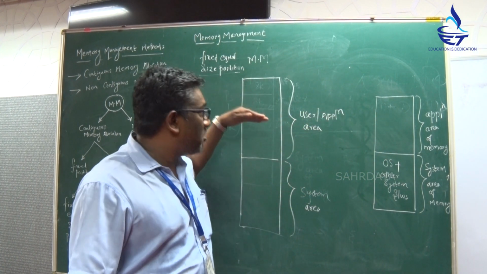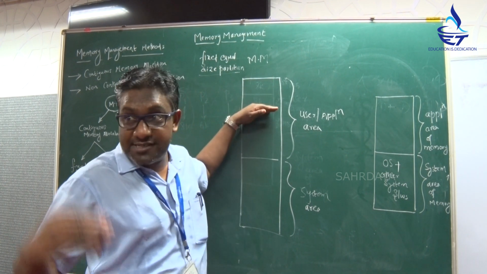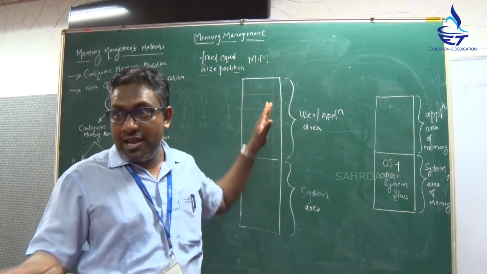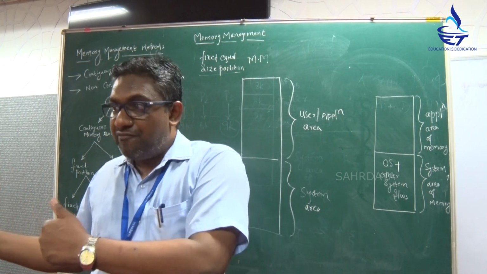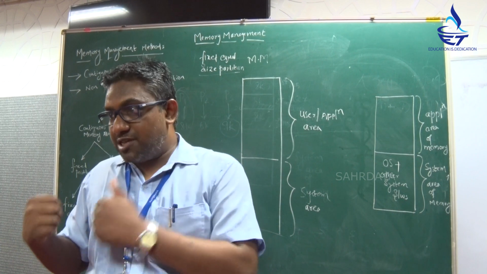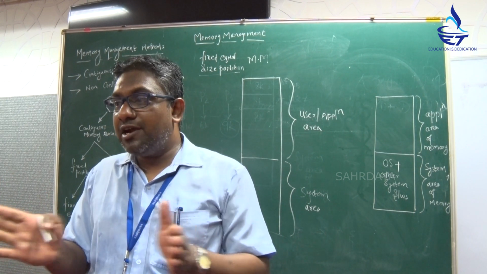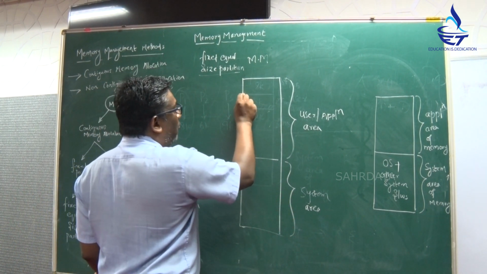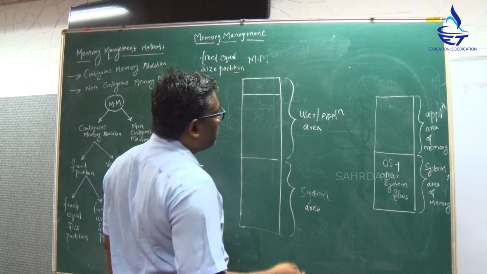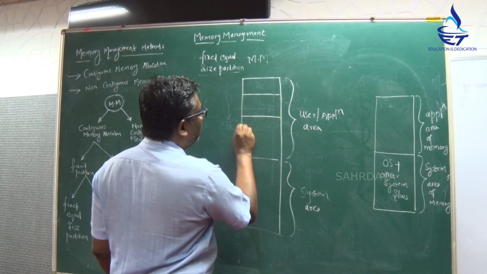Fixed means that we cannot change it once it is set, but unequal size means the size of each block is different. That means the size of block 1 may be different from the size of block 2, and the size of block 2 may be different from block 3. Sometimes equal size blocks can be there. So now I am going to partition this user application area into different memory blocks.